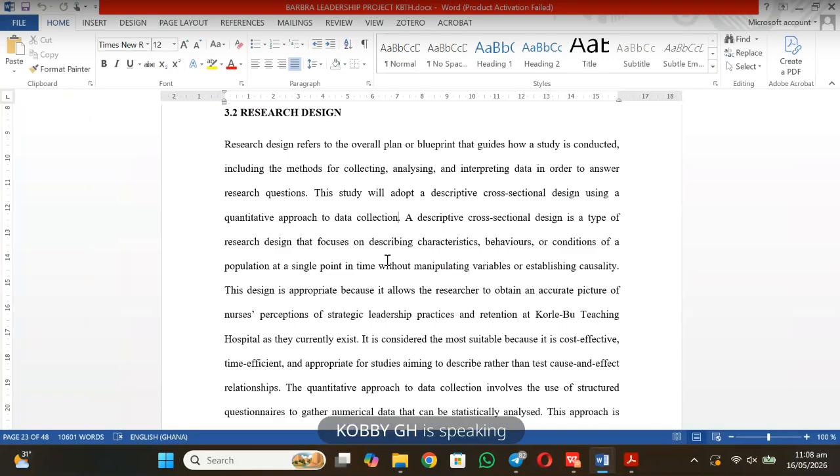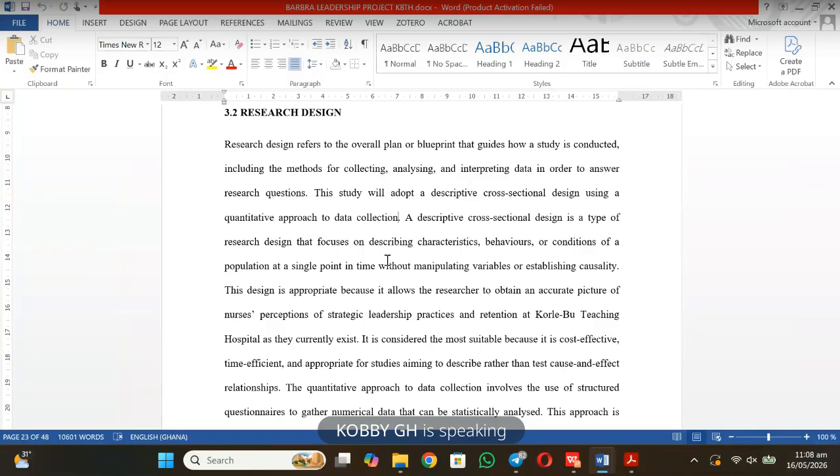Okay, that is fine. How about if you want to do mixed method? What if you want to do mixed method? How will you write the second sentence? That one, you use the descriptive cross-sectional. The moment you decide to do mixed method, it means quantitative approach and qualitative approach.